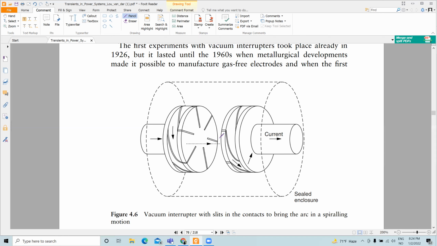The other problem is current chopping. In a normal circuit breaker there would be a current zero crossing, but vacuum breakers have a tendency to shut down the current before current zero crossing, and it generates an over voltage.